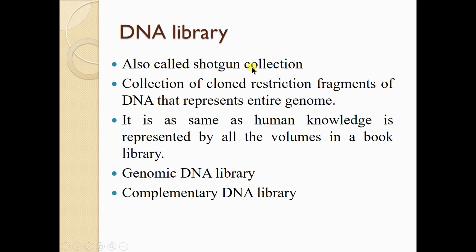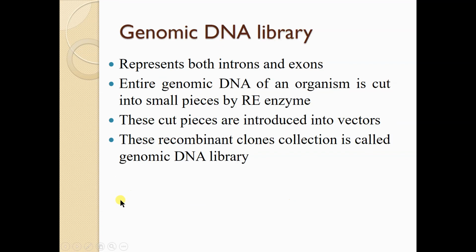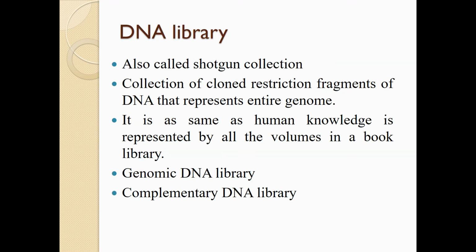Now how can we collect it by shotgun? There are two types of DNA library: one is the genomic library and the second is the complementary DNA library. Why is it known as the shotgun collection? Because here the entire genome from one species is acted upon by the same restriction endonuclease enzyme, so a large number of restriction fragments are produced from the whole genome of that particular species.